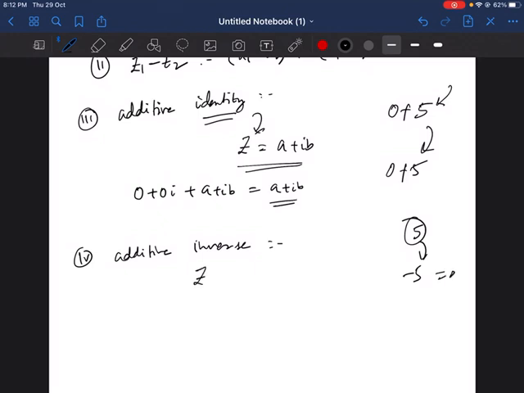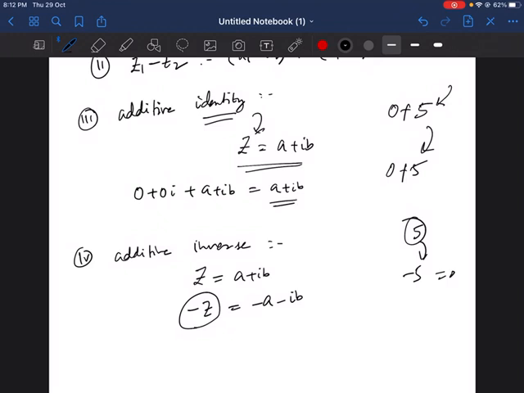Suppose I have a complex number z is equal to a plus ib, and what complex number should I add to get 0? That will be minus z. Only if I add minus z with z, then they cancel out and give us 0. So what is minus z equal to? Minus z is nothing but minus a minus ib.